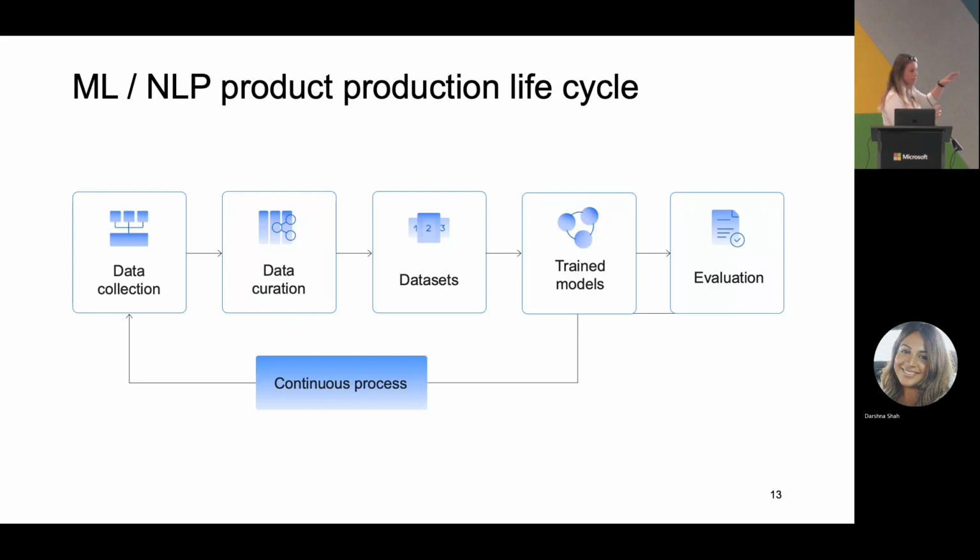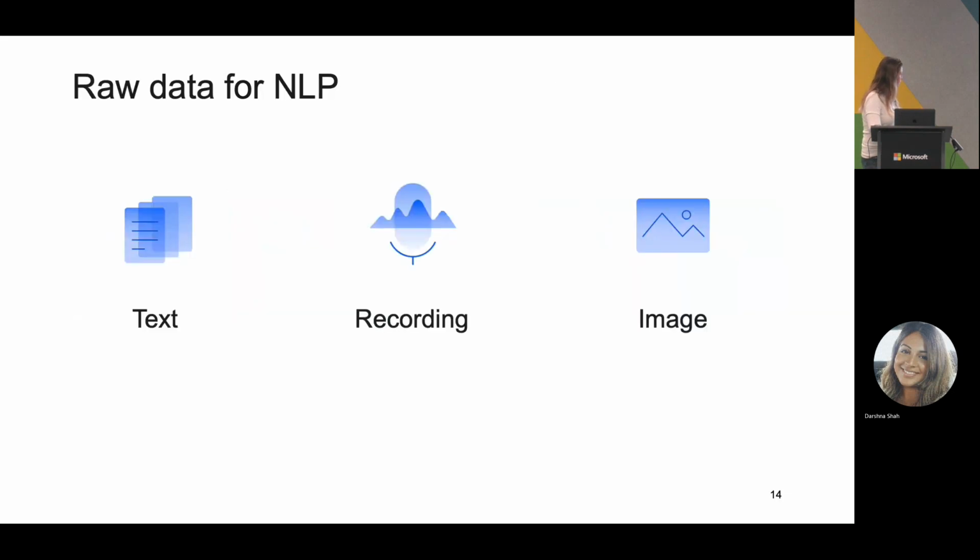This could happen several times because we might have different models that we want to check. And the whole process might also cycle around. So you might already have a working model, but you need to make it better, so you go back to the beginning of this cycle and start again. So it's a continuous process. This is how the normal machine learning product life cycle works, and the same is with NLP.